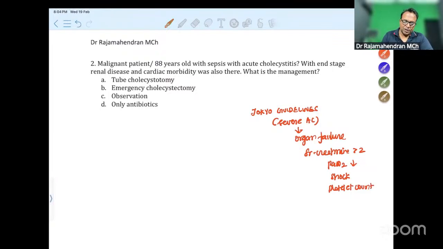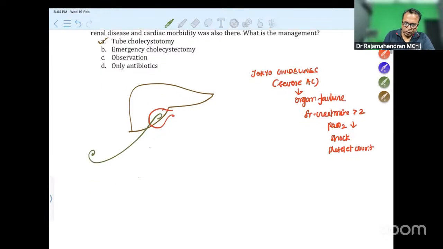In severe acute cholecystitis, the very classical answer is tube cholecystostomy. Please understand this is a classical question for a very morbid patient with severe acute cholecystitis. Call the radiologist for a tube cholecystostomy like this. After doing tube cholecystostomy, wait for 6 weeks, then reassess the patient.